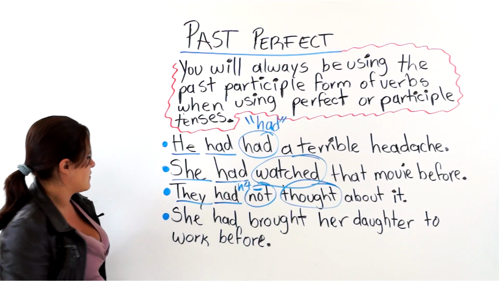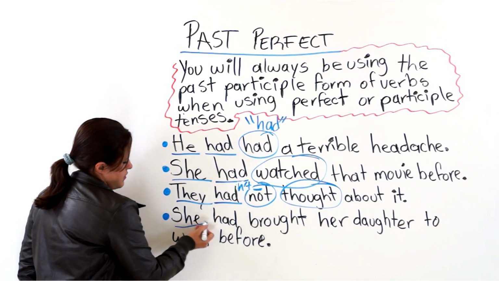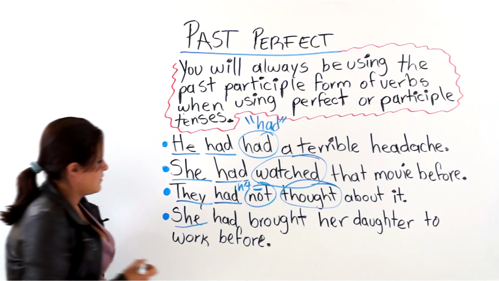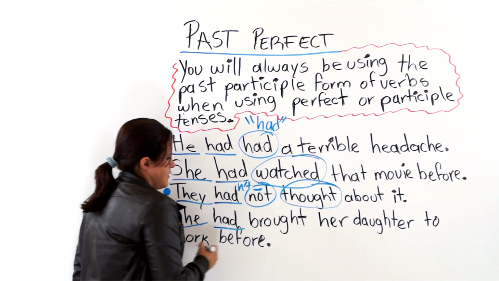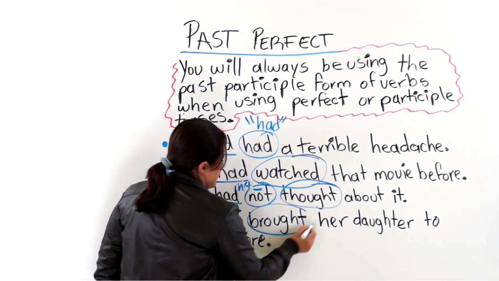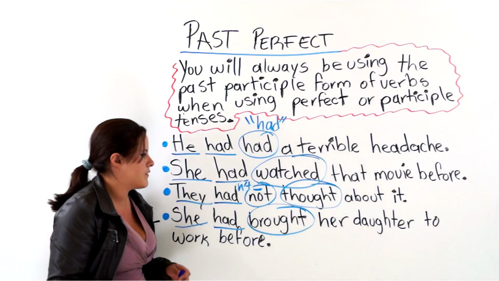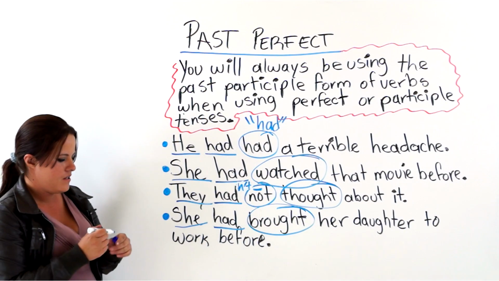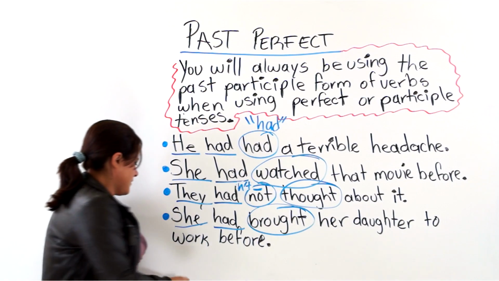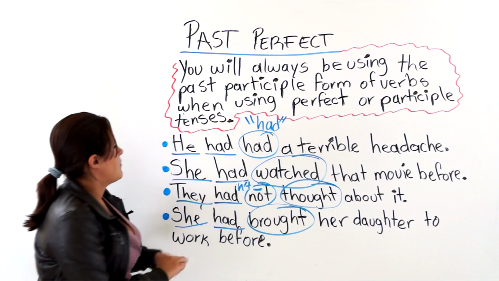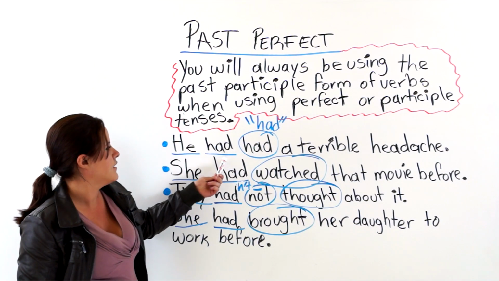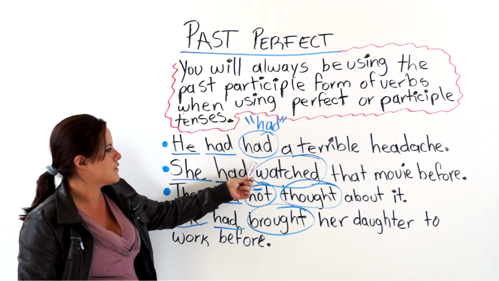And the last one says she, subjective case pronoun, had, past participle of verb bring, brought her daughter to work before. Complement of the sentence. Okay, so you notice the pattern. You need the subject plus had plus the past participle of the verb.